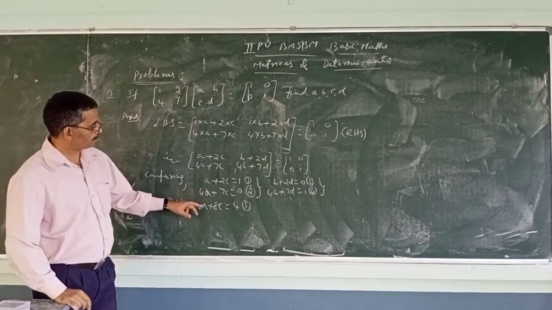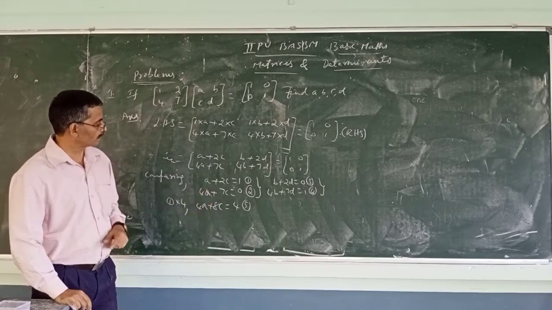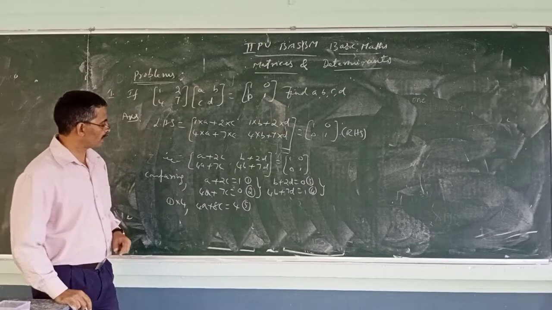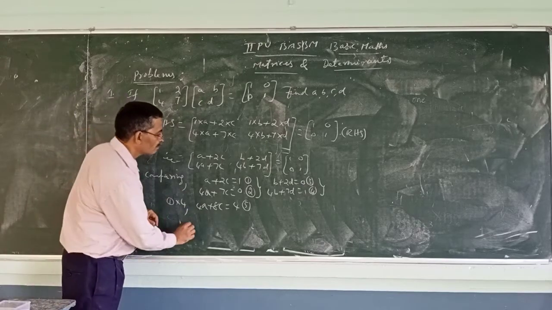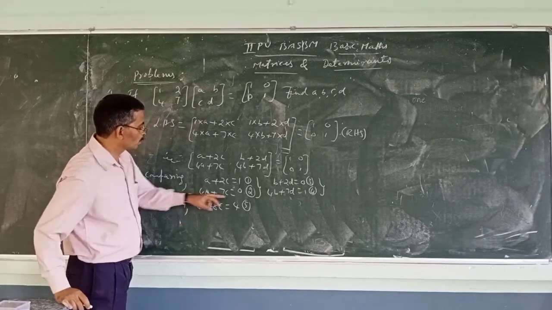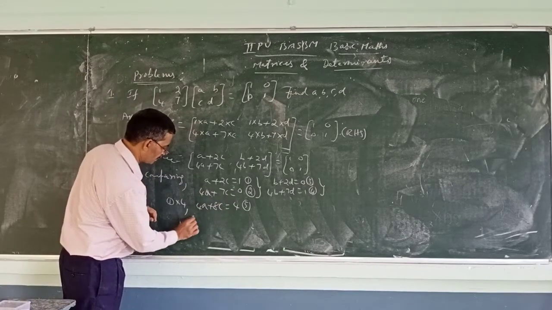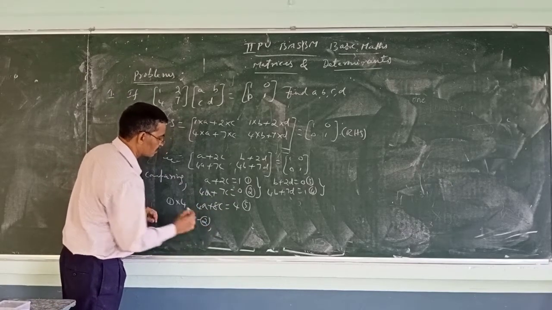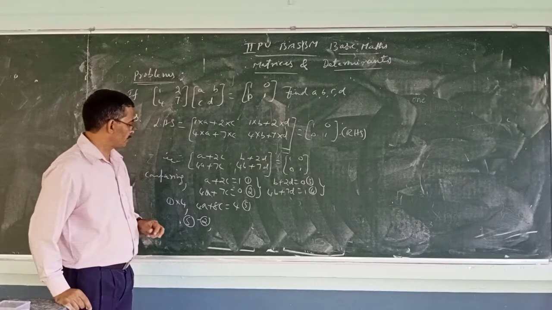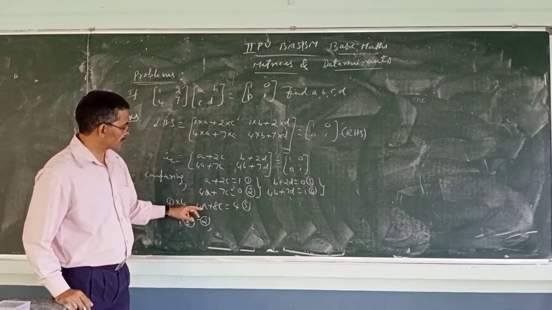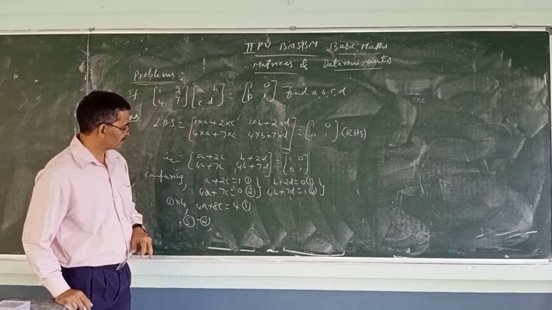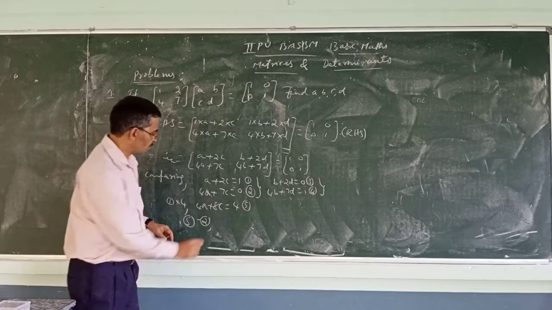Now use 5 and 2, sorry, not 4. 4A is there, so 5 minus 2: 4A cancels, 8C minus 7C is C, so C is equal to 4.